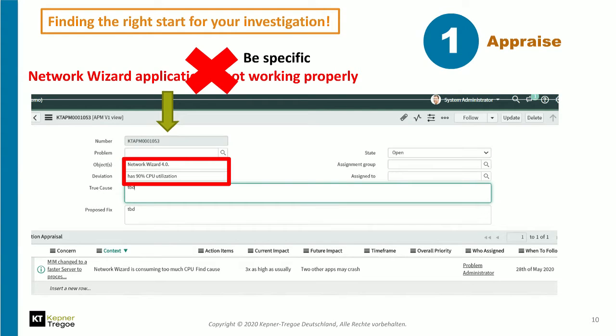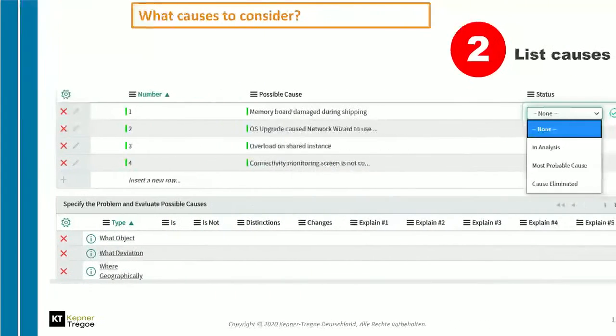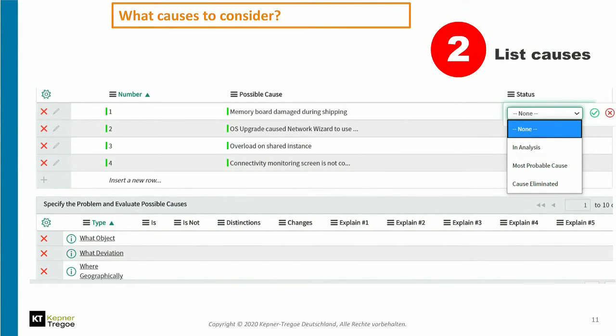As soon as someone takes on an issue, the natural first step is to come up with some possible causes. This is where you put possible causes in the ServiceNow app. Here you want to make all possible causes visible to everyone.